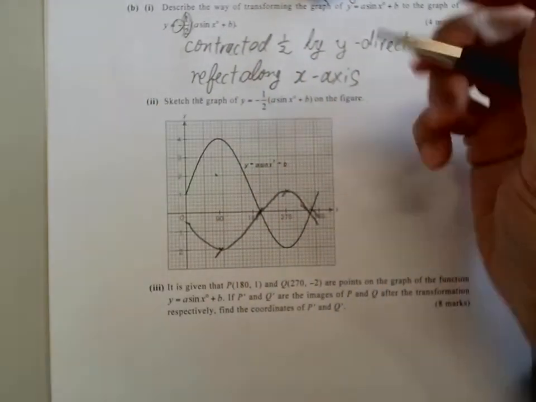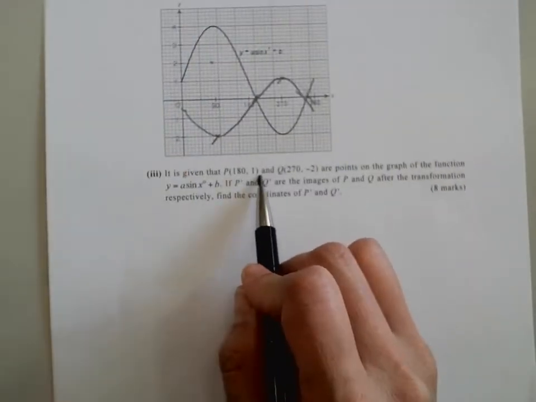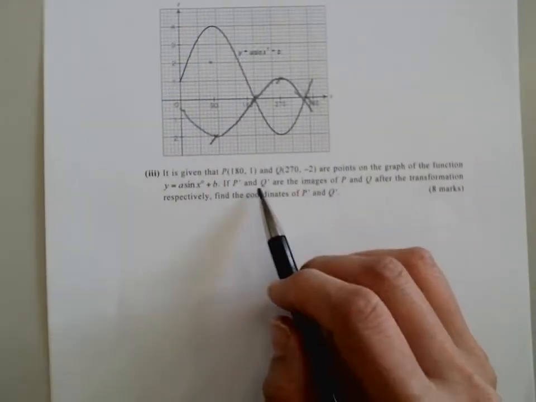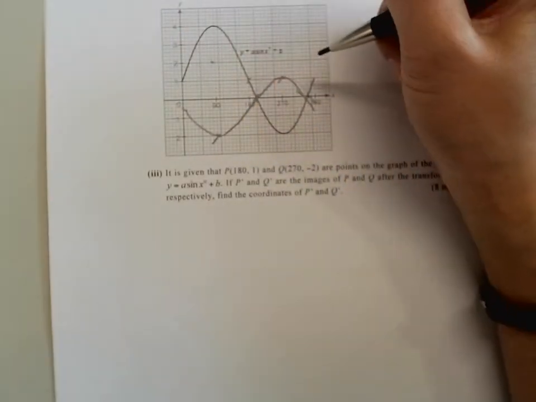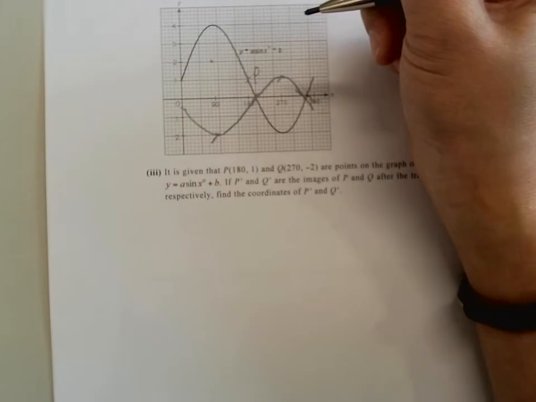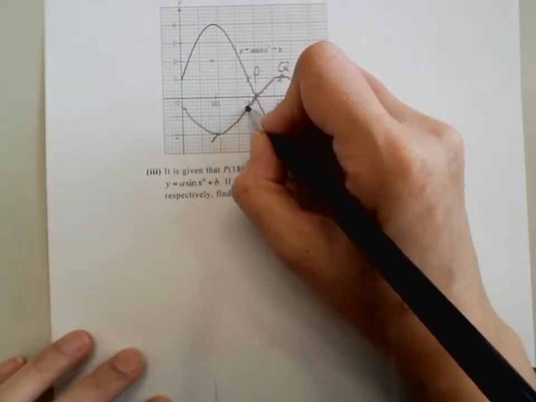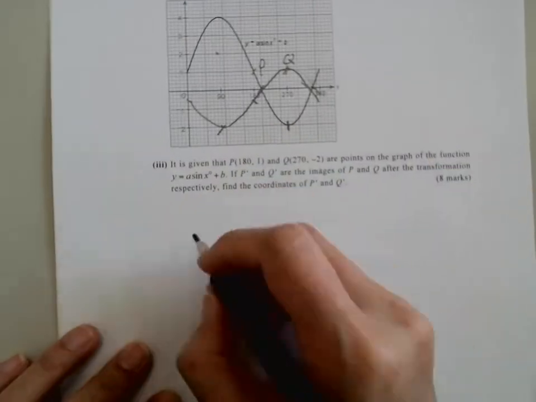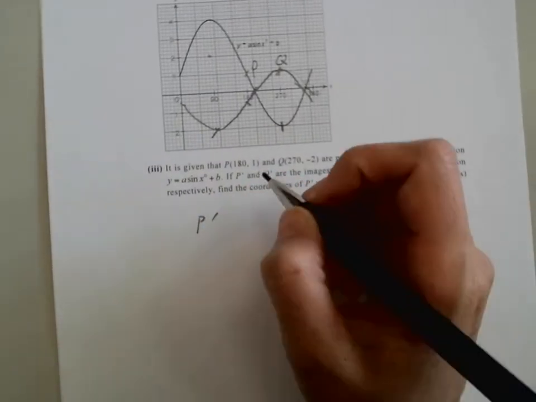Okay. Yay. Alright, last but not least, given these two points, P and Q, we have originally P at 180 with 1, and Q at 270 here. So we reflected, it should be right here and here. So we have the P coordinate by looking at the graph.